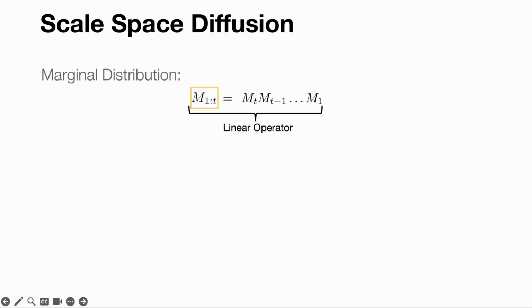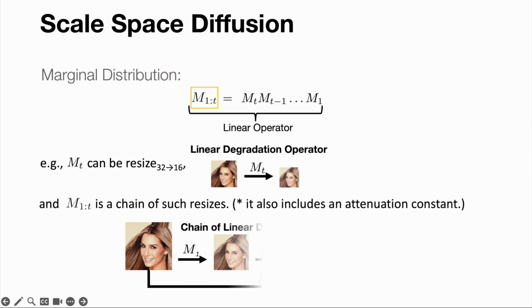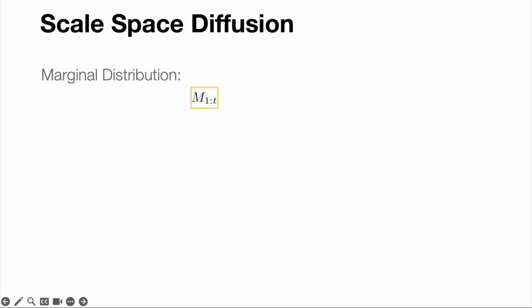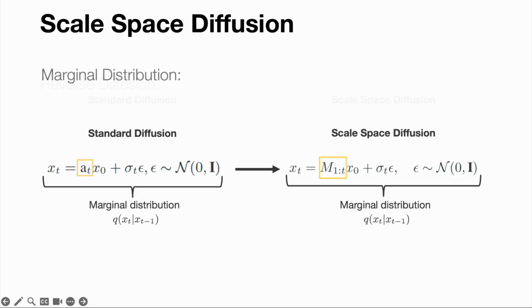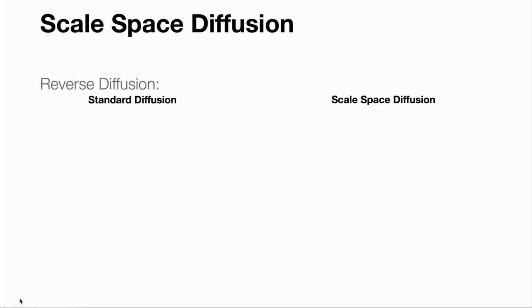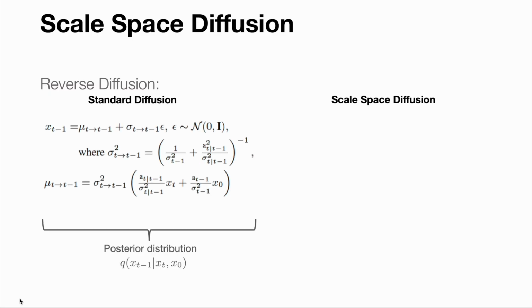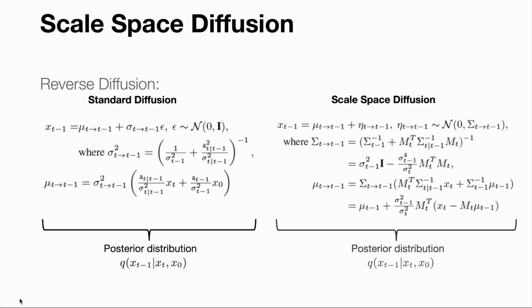As for the choice of this operator, we choose a chain of resize operators as our degradation. And the reverse diffusion process changes accordingly. If seen carefully, they're analogous equations, but in multivariate form.